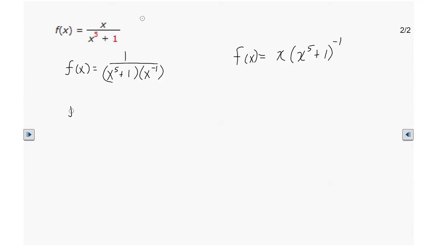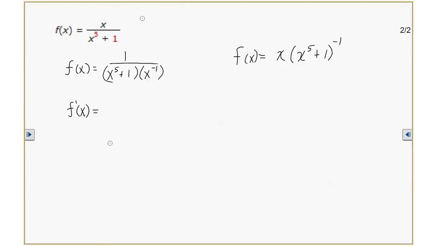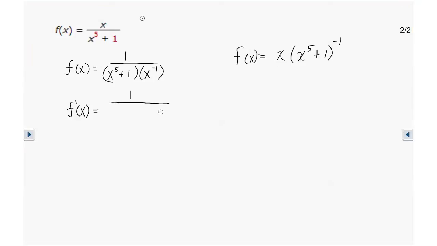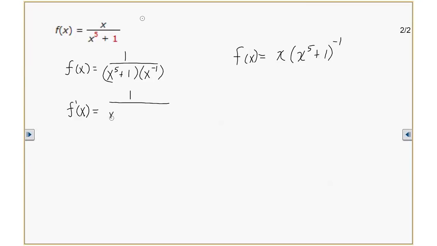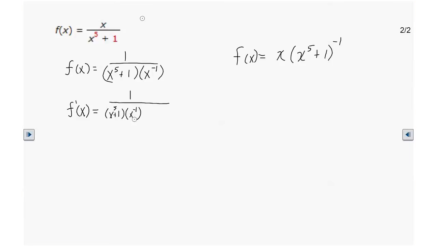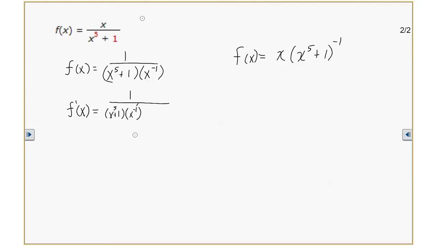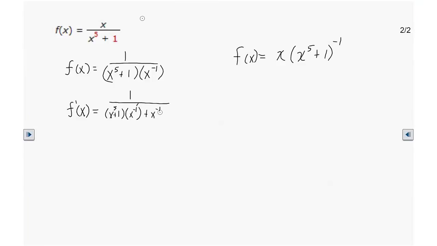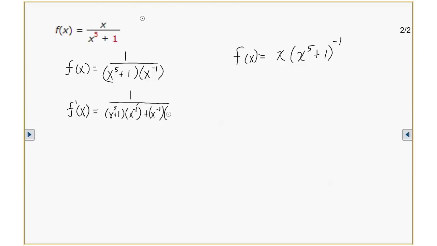So f prime of x is going to be equal to, and you can do the quotient rule here, but there's no reason to because you've got just 1 there, so it'd be 1 over the first times the derivative of the second plus the second times the derivative of the first.